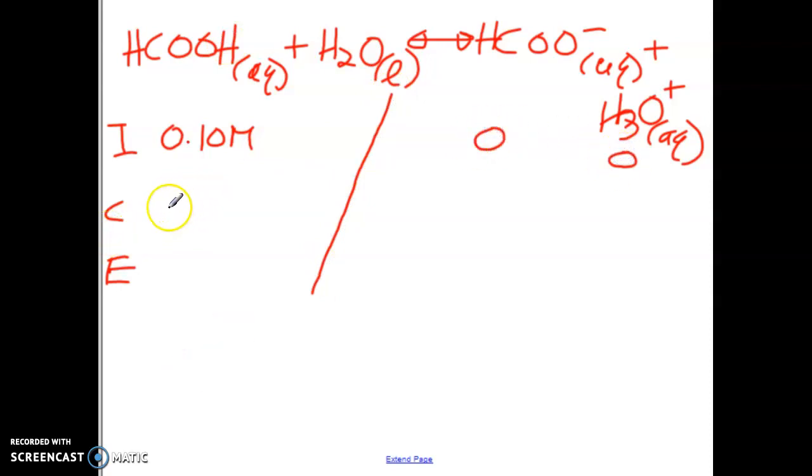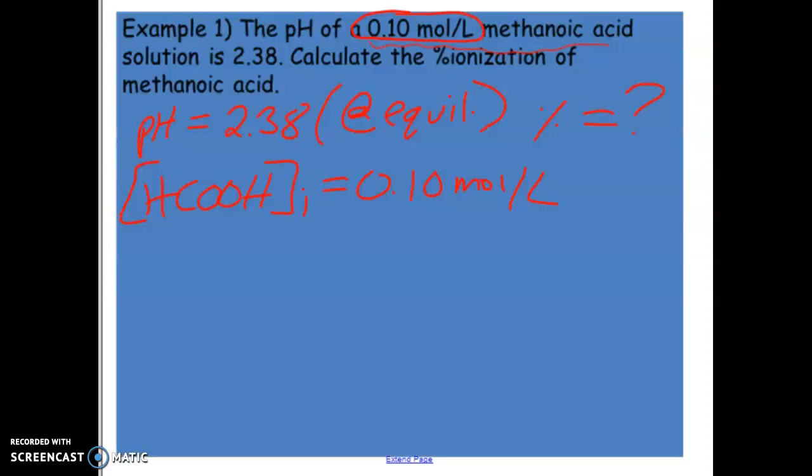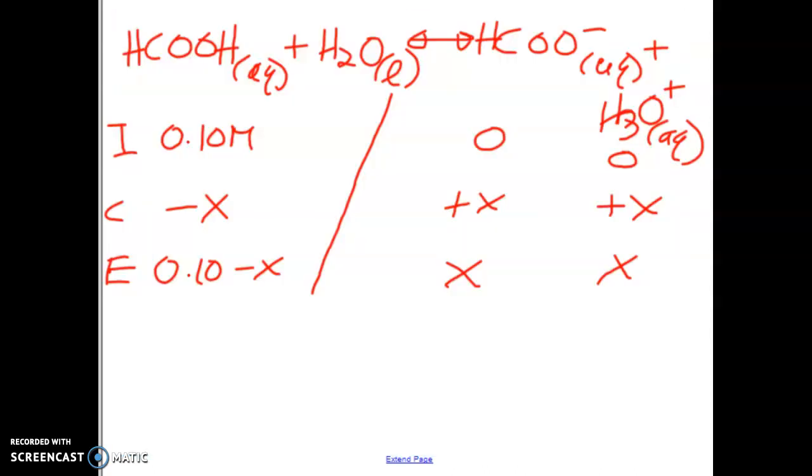Our change is going to be minus x on the reactant side, plus x on the product side. Our equilibrium is going to be our initial plus our change, so we have 0.10 minus x, x, and x. So far, hopefully this is looking good to you. Now, by them telling us the pH at equilibrium, that's actually a key here.